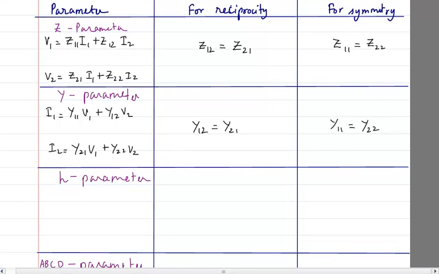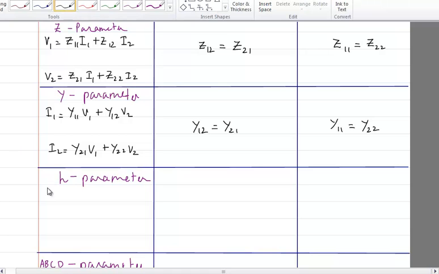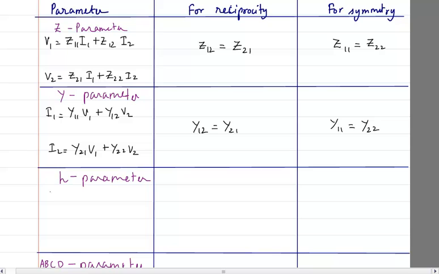Once again, when we look at the equation for h parameter, you all will remember h parameter equation is the input voltage V1 is going to be related to h11 I1 plus h12 V2, and current I2 in the second port is going to be related to h21 I1 plus h22 V2. And the condition for reciprocity, we have already found out that it is that h21 should be equal to minus of h12.